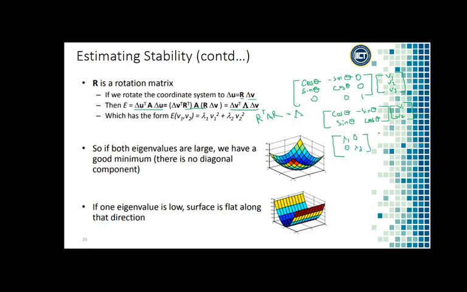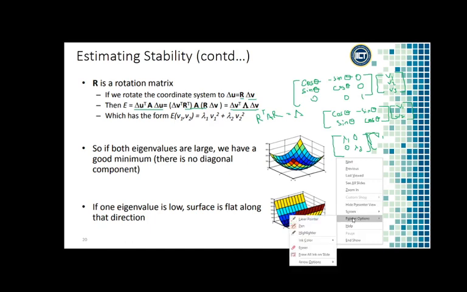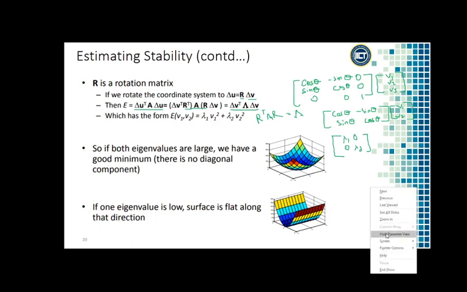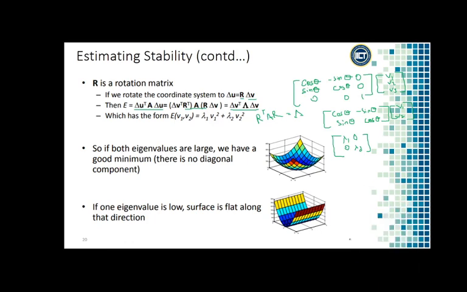If you multiply it with V1 and V2, what do you get?